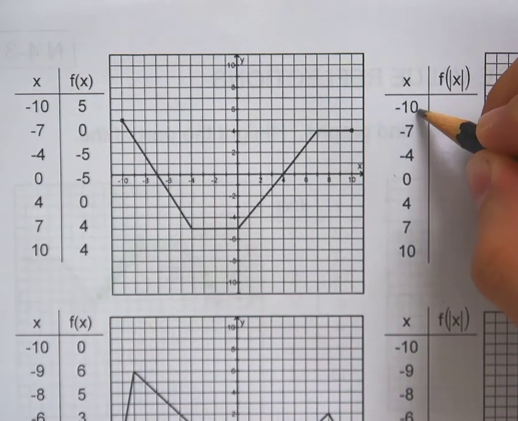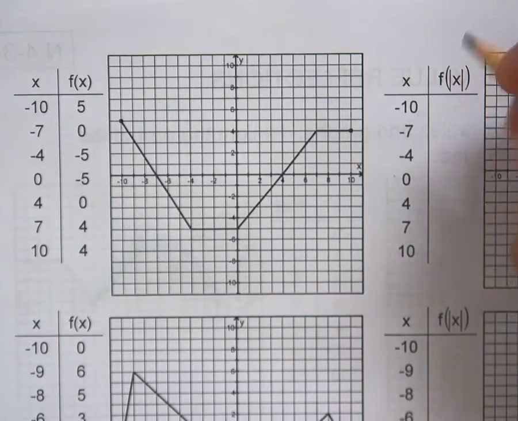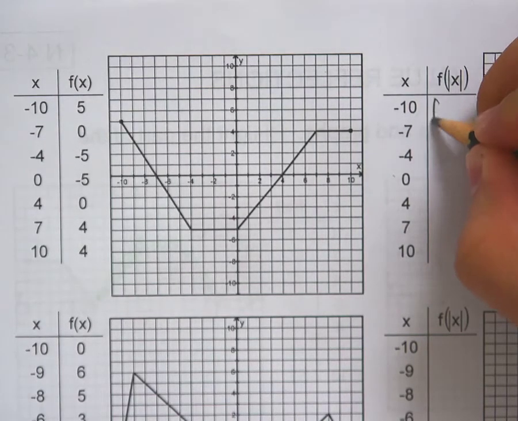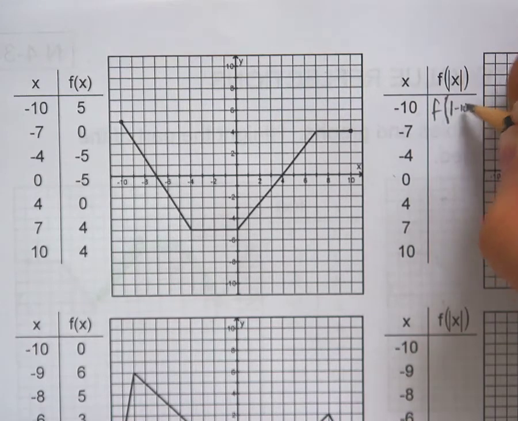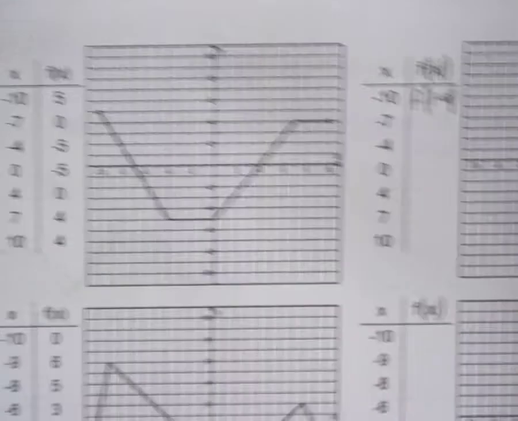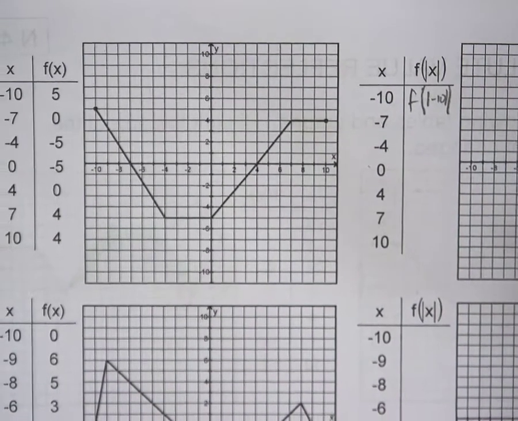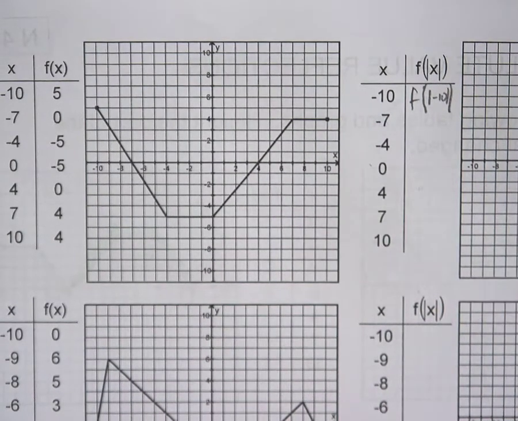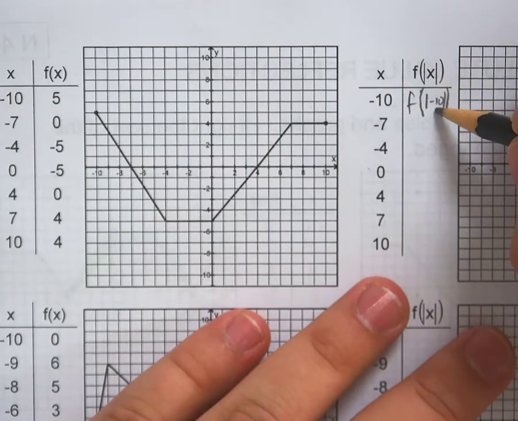Well, x is negative 10 here. So it wants f of the absolute value of negative 10. Well, what's the absolute value of negative 10? It's 10. So what they really want to go right here, what is f of 10?